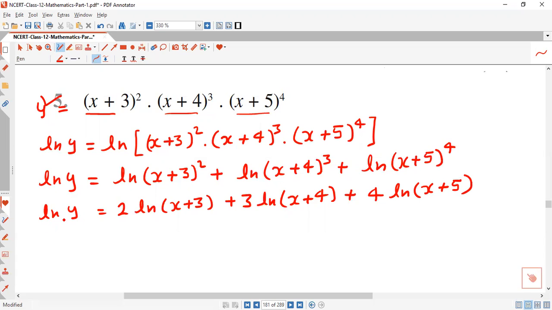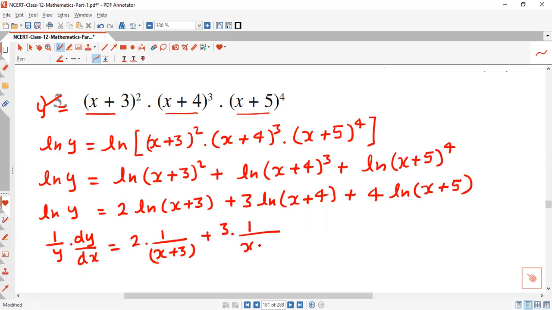Y is not the variable, so differentiating log y gives 1 upon y, and since we are differentiating with respect to x, it comes out dy by dx. So 1 upon y dy by dx equals 2 times 1 upon x plus 3, plus 3 times 1 upon x plus 4, plus 4 times 1 upon x plus 5.